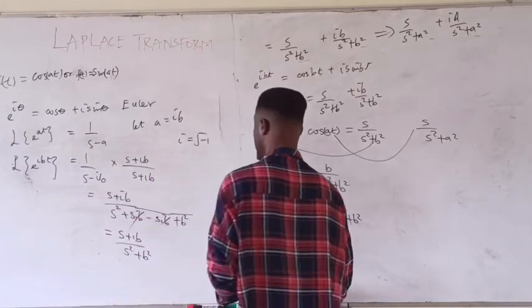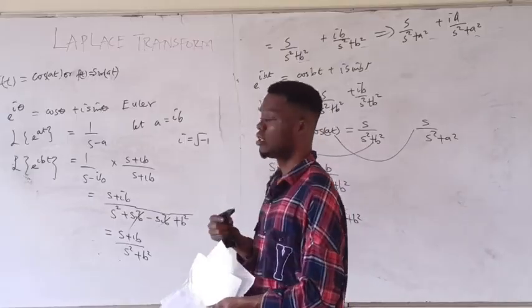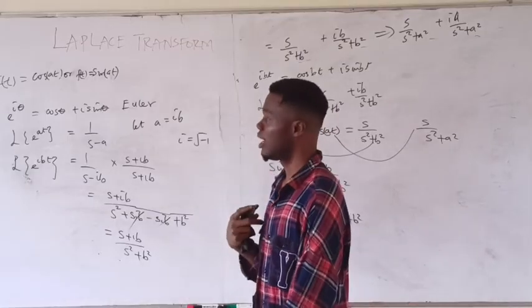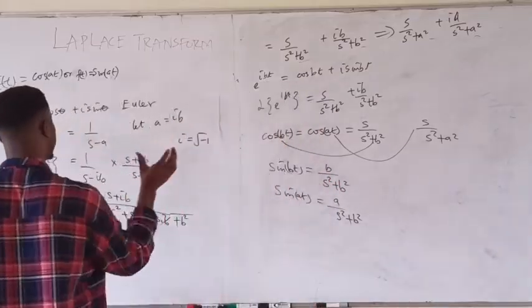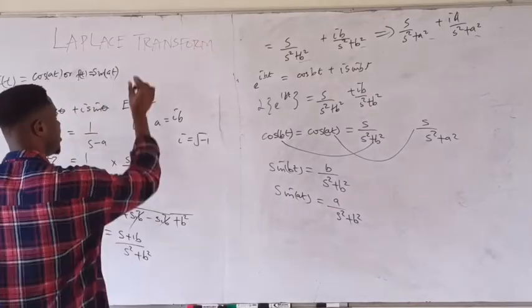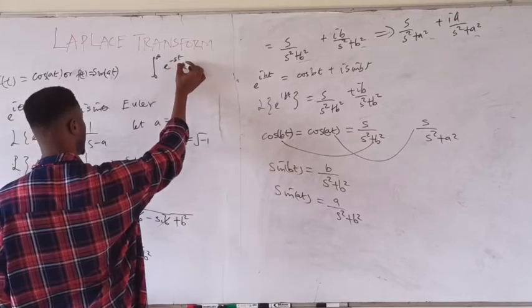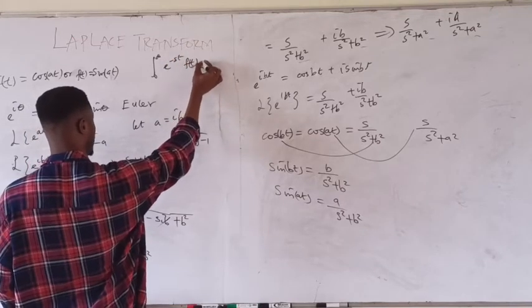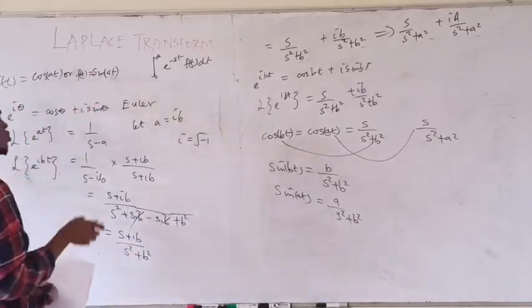Now for the second part, the second method I'm going to use is basically integration by parts. Remember, the definition of the Laplace of any function at all is that function from 0 to infinity of exponential of minus st f of t dt. So we are going to use integration by parts to do this.